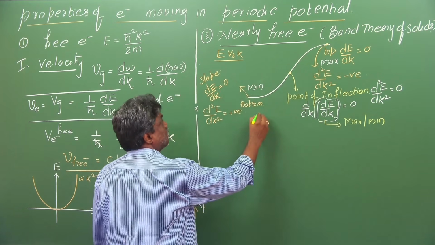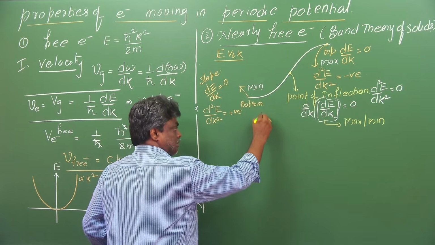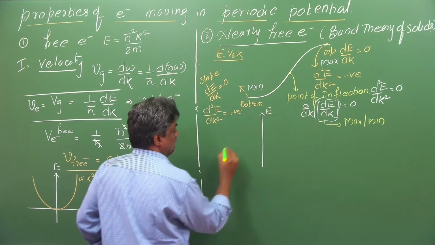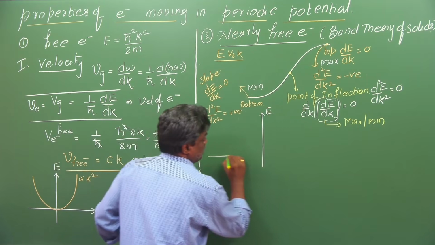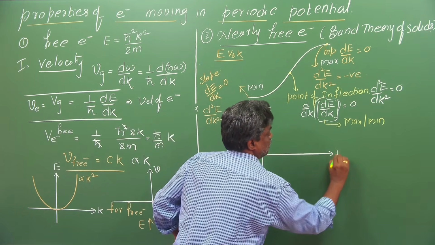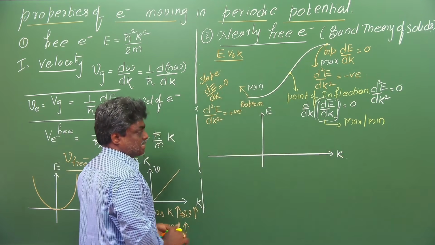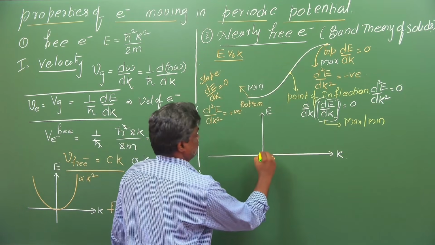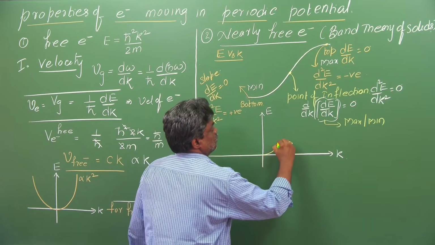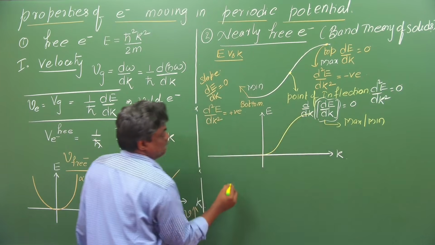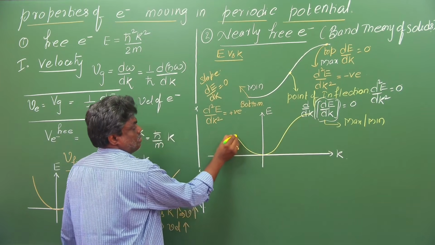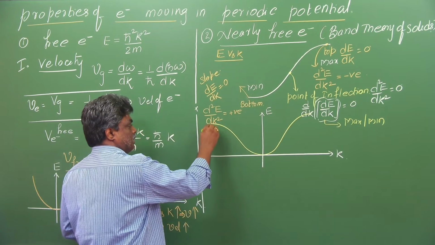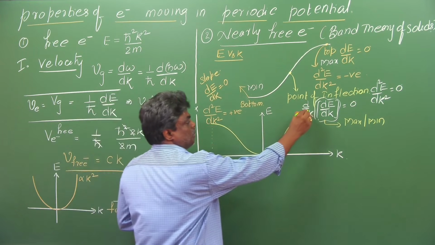Now, ready? Once again I am taking that graph. Whatever we have taken, this is the energy versus K. Observe carefully. Here we have something like this. Am I right? Already we have done this. Somewhere here we have the zone boundary.